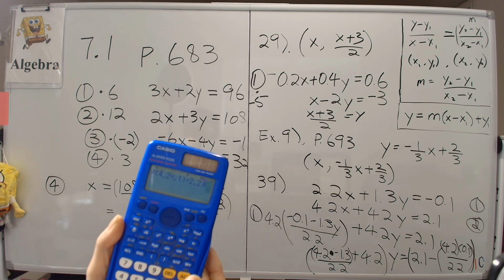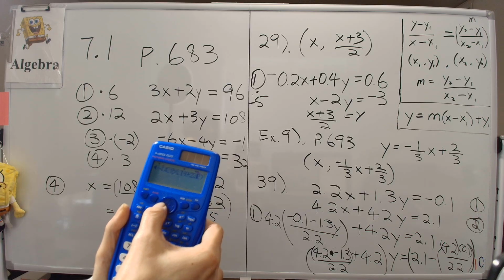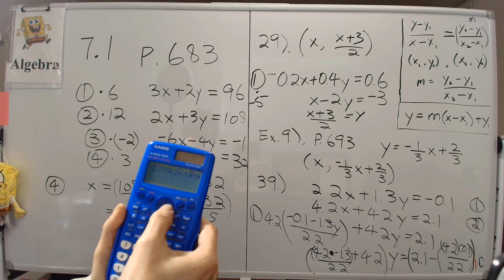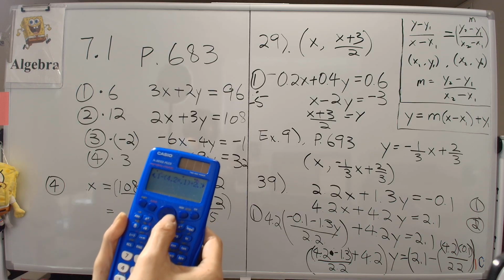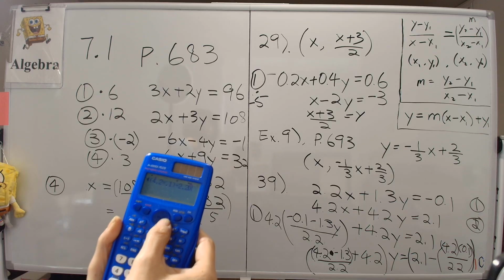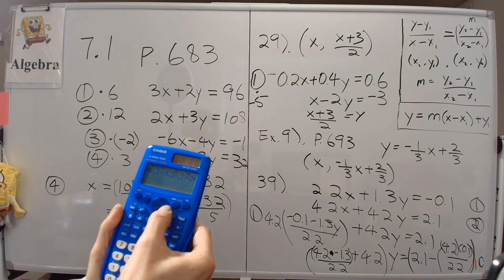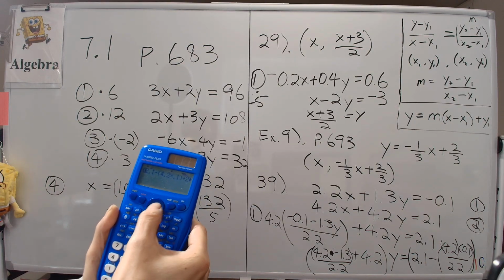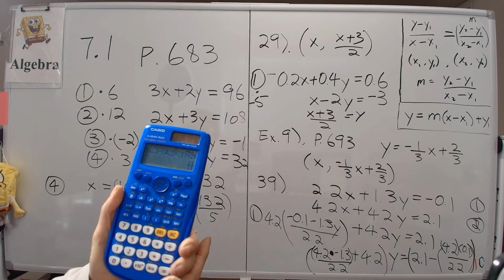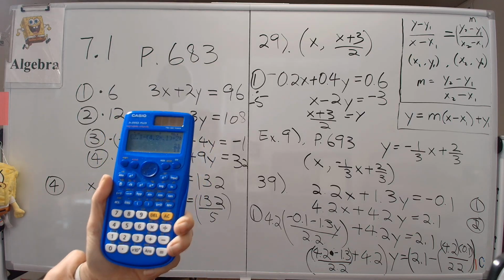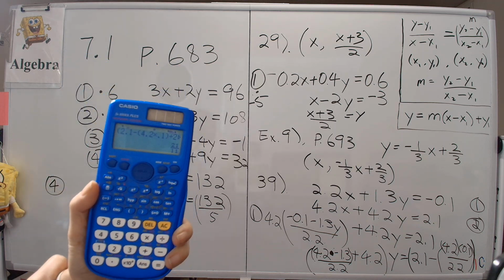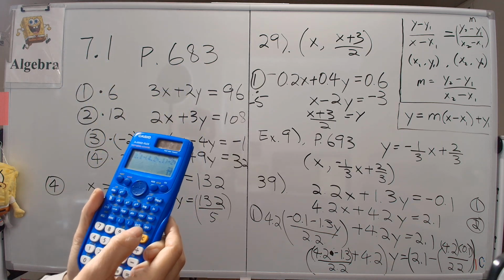Let's check this a little bit. Actually, we'll push equal now to see if it spits at us. If it spits at us, that means it's not happy. Okay, so far so good. We didn't type in anything wrong, probably.